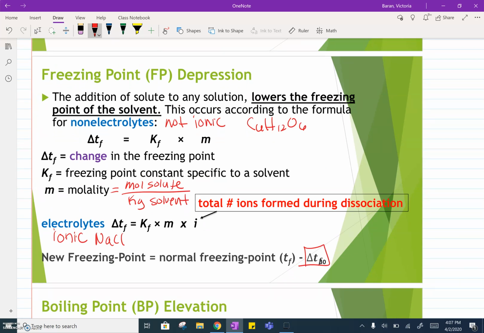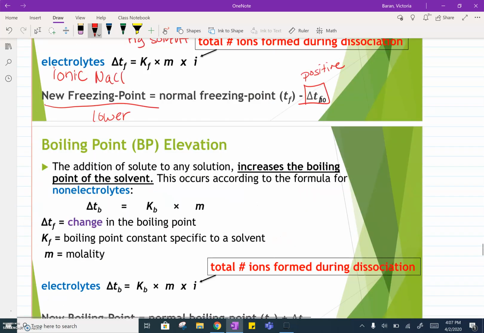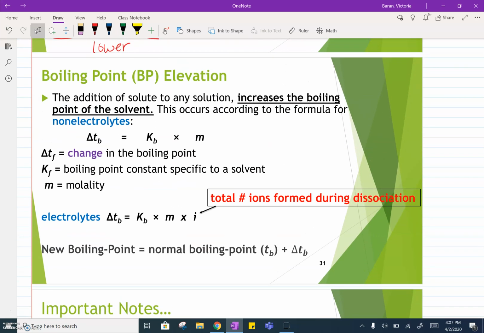So make sure though when you plug in delta T of F that it is a positive number. Because your new freezing point should be lower than the normal freezing point. Okay, so when you get your new freezing point, it should be lower than what you started with.